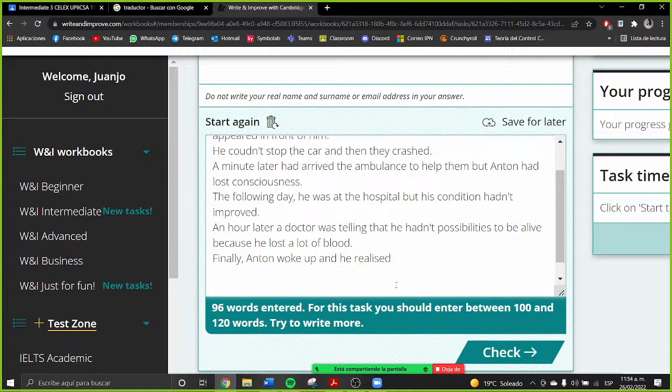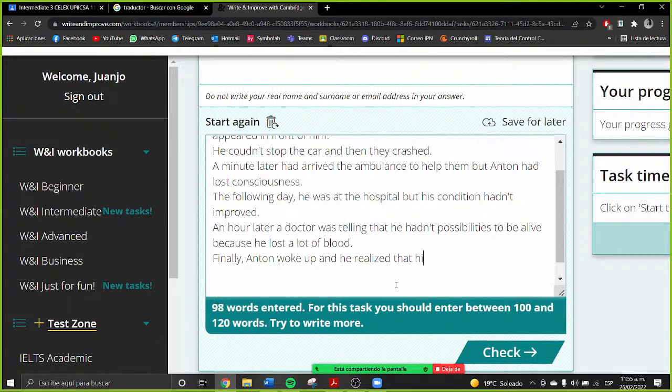¿Así? Creo que es con Z. Creo. A ver, deja chico. Sí, es con ese. Sí, está bien. And he realized. Es como se dio cuenta o notó. Ok. Woke up. No, sí es con Z. Realized. ¿Así? And he realized that his friends.